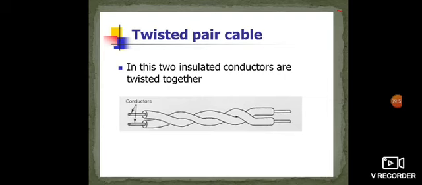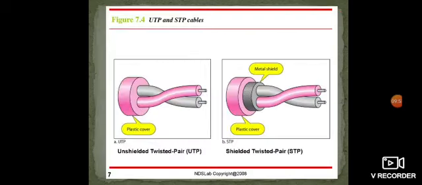When we classify twisted pairs, we have two types. The EIA, the Electronic Industries Association, is an association that develops standards for the cables used in communication.